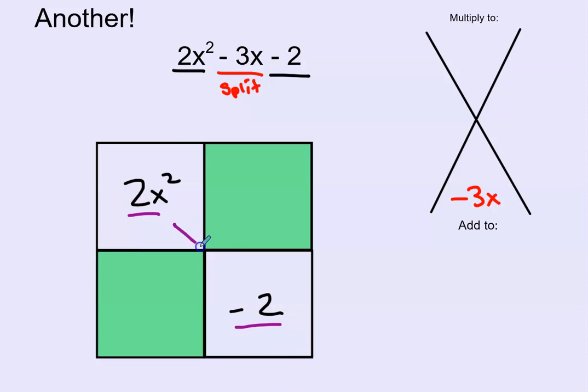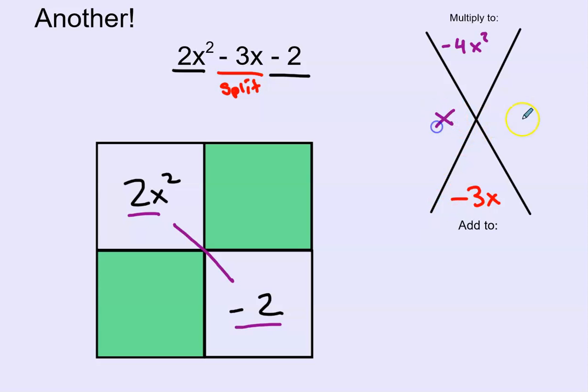So 2x squared times negative 2 is going to be negative 4x squared. So can you think of two numbers that multiply to negative 4x squared but add to negative 3x?